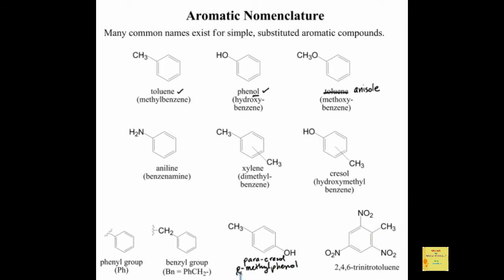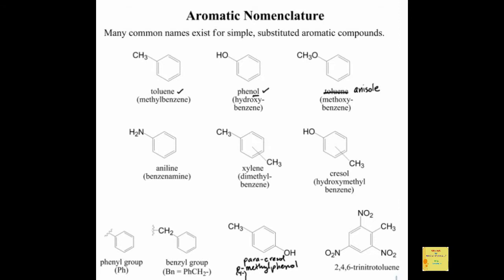Para or maybe 4-methylphenol. Or it could even be called hydroxymethylbenzene, right? All sorts of names you can come up with for aromatic compounds. A lot of times, we get to a situation where there are more than one acceptable name. So you definitely want to check with your instructor to see what their expectations are.